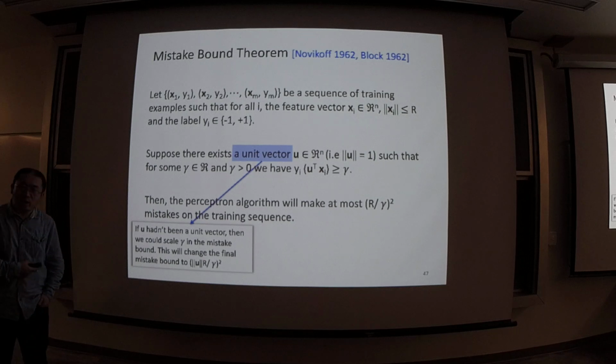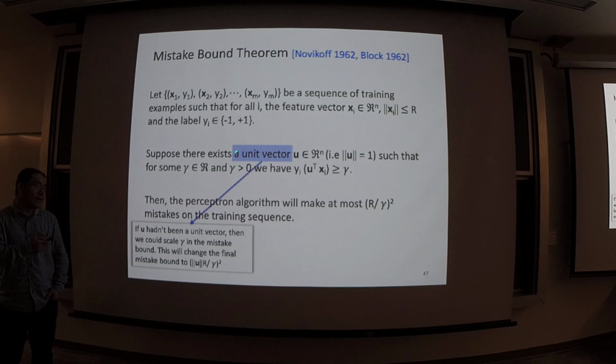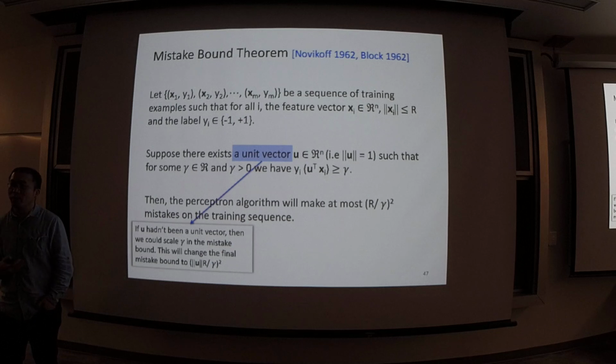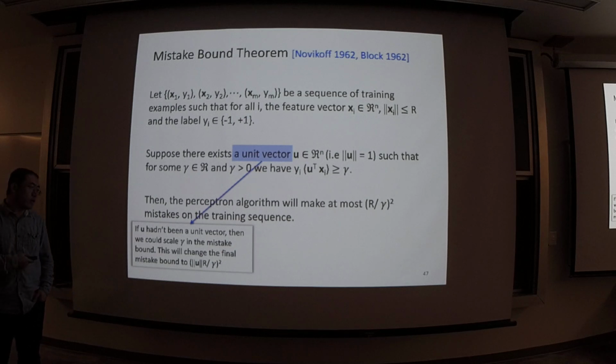And someone asked why we should stress that the vector must be a unit vector, right? You can use any other vectors as well, but you need to modify the result correspondingly. This is just for convenience.